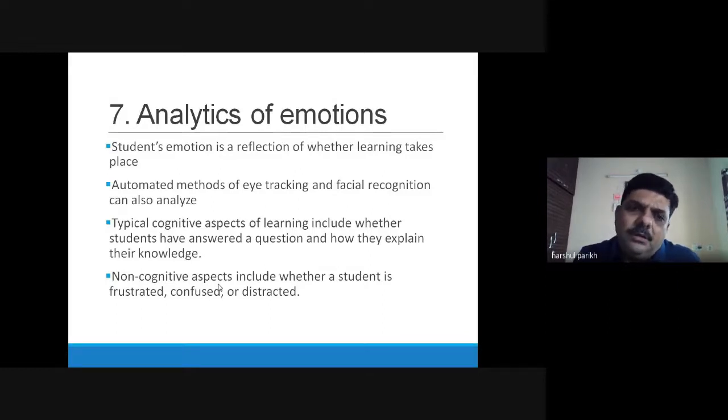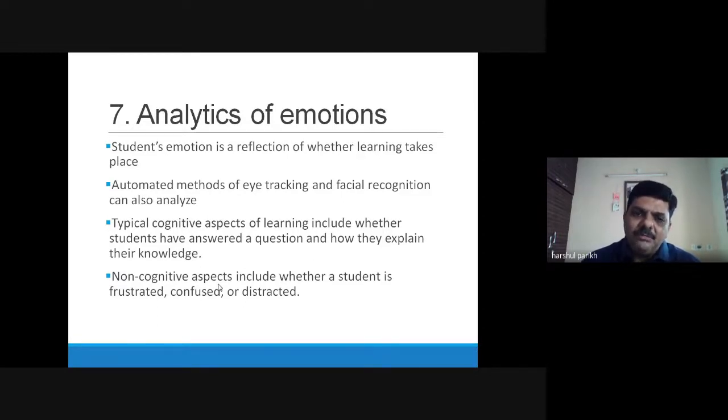The other pedagogy is analytics of emotions. Students' emotion is a reflection of whether learning takes place. Technology also implements automated methods for eye tracking and facial recognition.